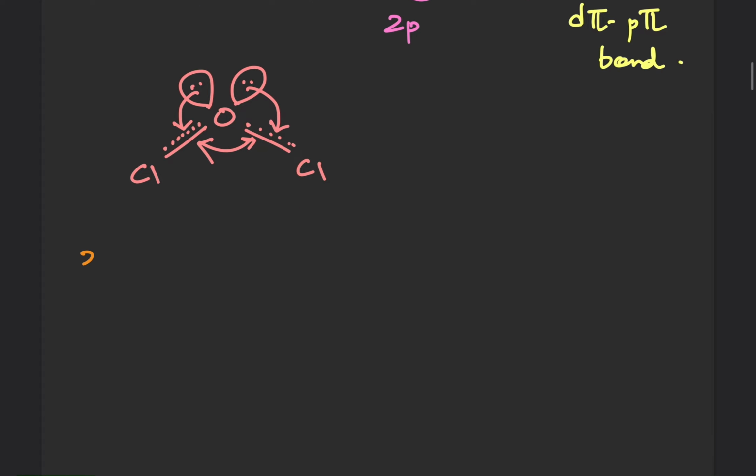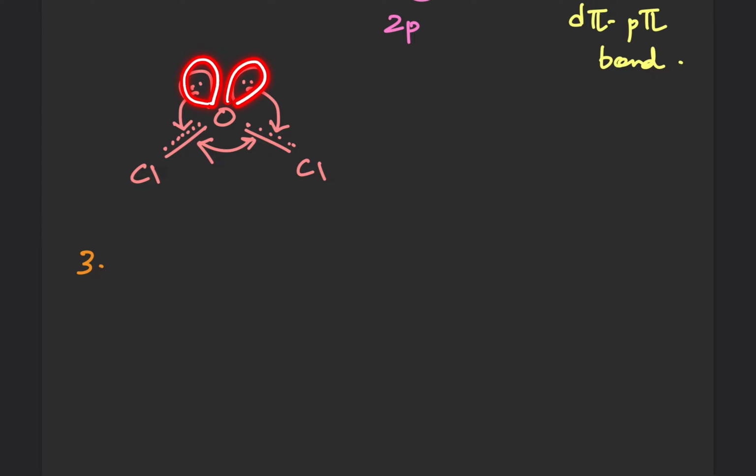And the third reason is, if you see the oxygen lone pairs, these lone pairs are partially being used for back bonding. They are being shared with the empty d orbitals of chlorine, right? Since they are being shared, the lone pair repulsions decrease.